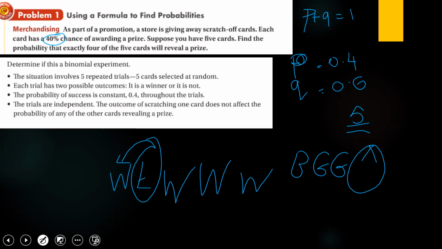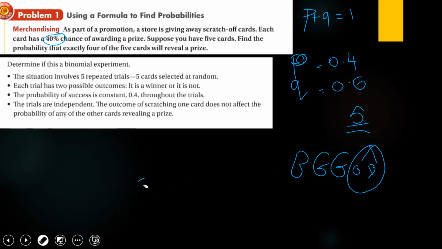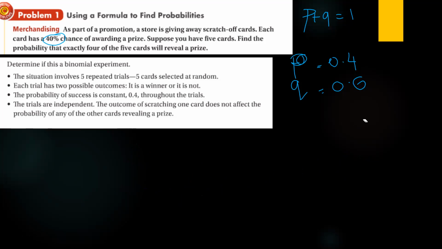We have 2 probabilities here, boy or girl. They don't depend on each other. So here we have 5 cards. For each of the 5, we have to scratch it to find if we win or lose. So we are talking about 5 possible outcomes.